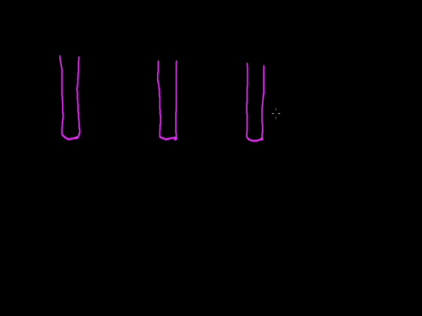Since we are to observe the process of rusting of iron, we are putting some iron pieces or iron nails in these three test tubes. So that's the first iron nail. In the second test tube, I'm going to suspend the same kind of iron nail, and I'm providing the same setup for the third one.